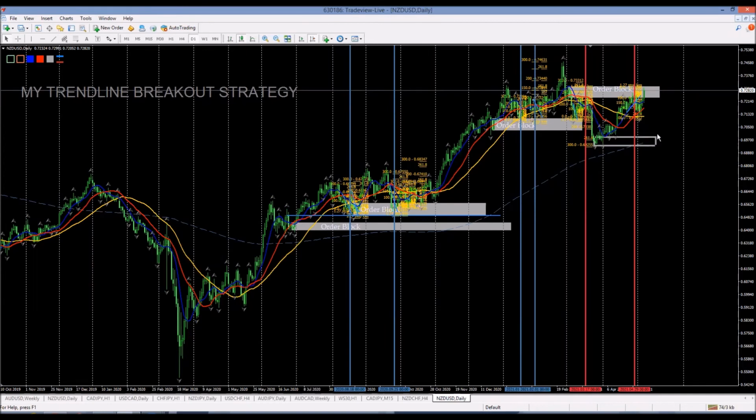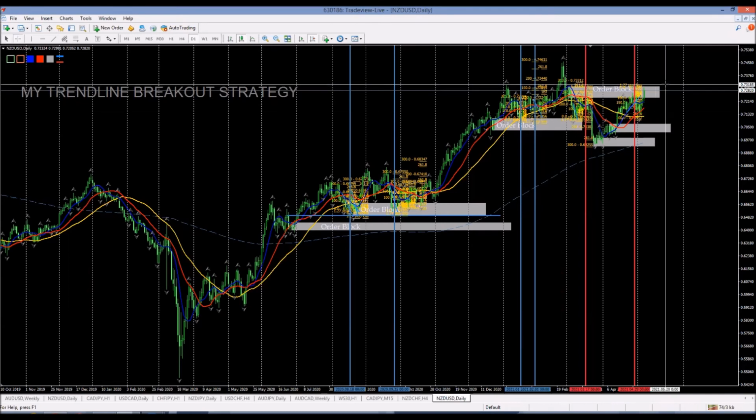We will be well aware of these order blocks if price decides to turn around and come down, as potential points that price could stop. So this potentially could be, let's go to the first one, a 200 pip trade, potentially. But that's how to bank pips and profit from order blocks.